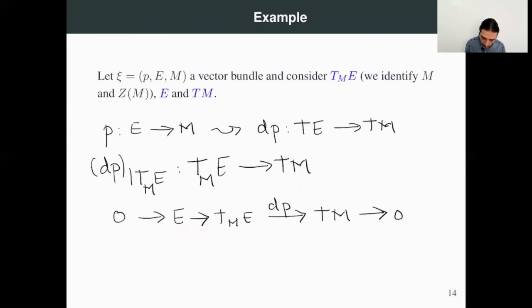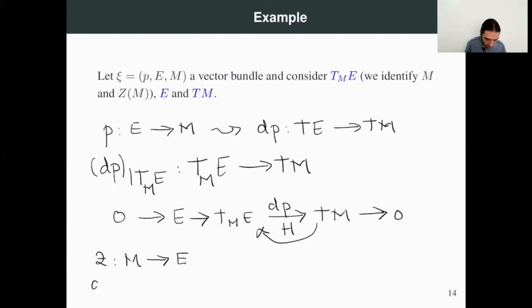Okay, what we have is that this sequence splits. We have to build here a map H, a morphism of vector bundles, such that the composition of H and dP is the identity of the tangent space. But what we have is that we can consider the zero section C, which is an embedding from M to E, right?